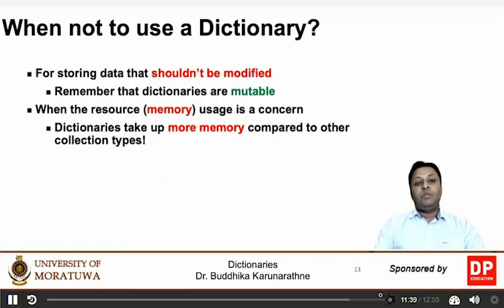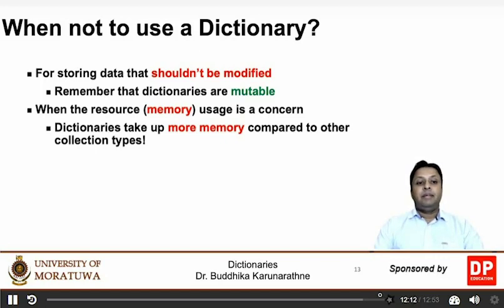So far, we have seen all the advantages and capabilities of Python dictionaries, but they are not suitable for all purposes. For example, if it is a requirement that the data you store should not be changed, dictionary might not be the best option, because as we introduced at the very beginning, dictionaries are mutable and the values inside dictionaries can be changed without a problem.